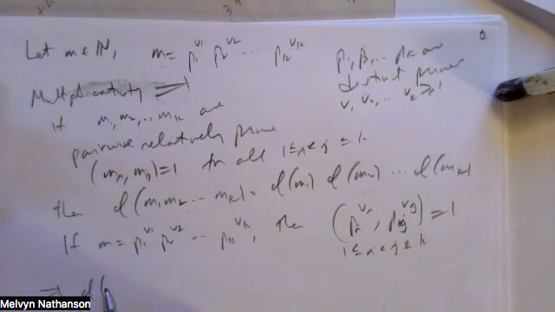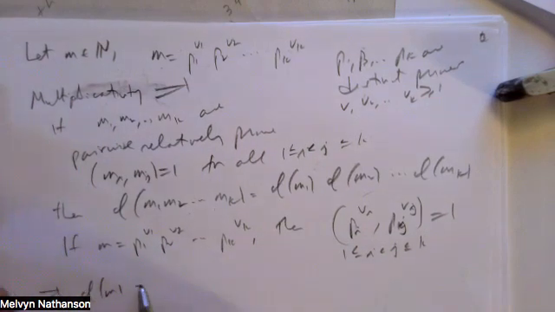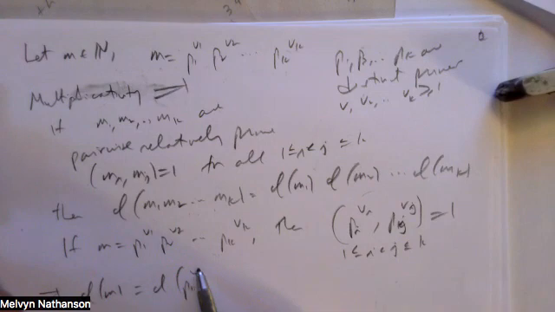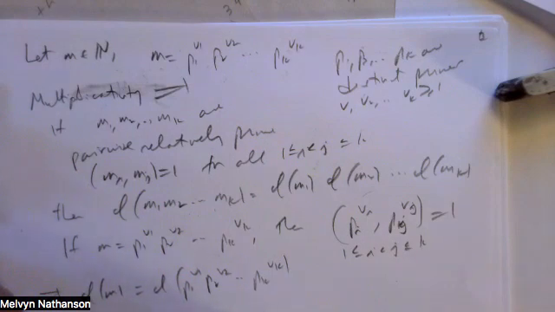And so phi of m is the product, phi of p1 to the v1, phi of p2 to the v2, up to phi of pk to the vk, or sorry, f, if f is any such multiplicative function.